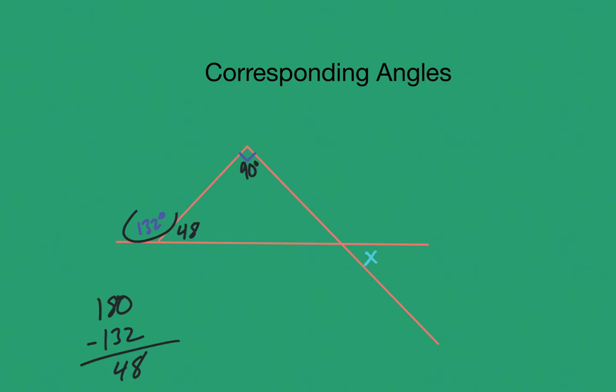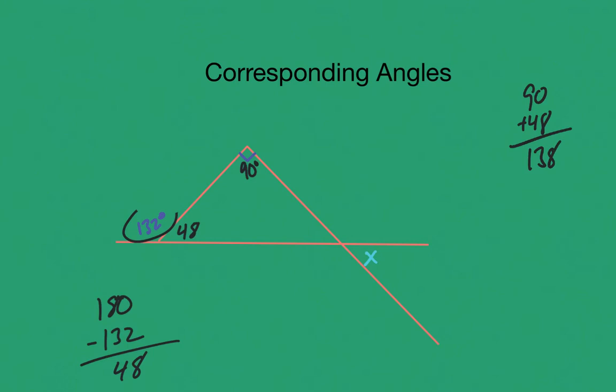But now I maybe know enough to say, all right, I can see I got a triangle here. So I can use the angle sum of a triangle to help me out. What would that be? Well, that's going to be 90 plus 48, 138.